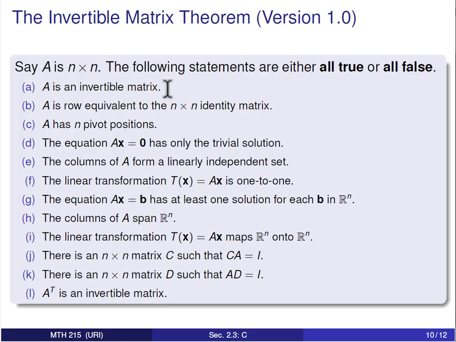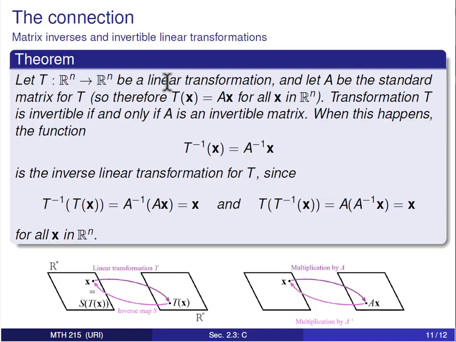A is invertible if and only if the linear transformation T of x is invertible, and that will happen if and only if the linear transformation is 1 to 1, and that will happen if and only if the linear transformation is onto. So these ideas are all connected to each other and all connected to A having an inverse.